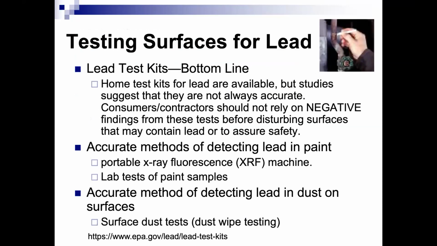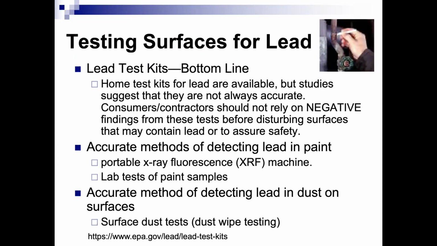There are test kits for lead. Lead check swabs are probably the most common one in this part of the country. I'm, of course, in Atlanta. If you're in the Northeast, I know the state of Massachusetts has a sodium sulfide test kit. The bottom line is that OSHA really doesn't allow you to use a lead check swab to say there is no lead. They allow you to use it to say there is lead.